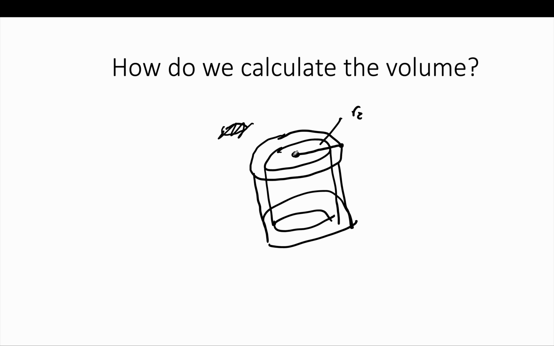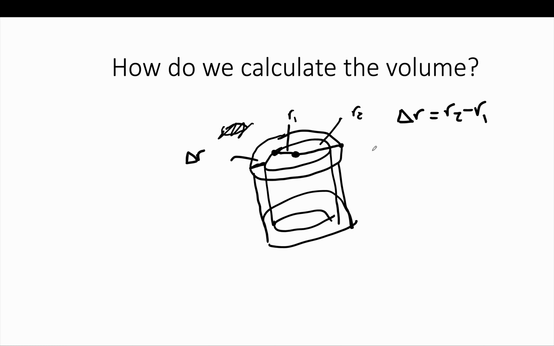We'll call the interior distance R1. And we're going to let delta R be R2 minus R1, which is just representative of this distance right here. So this distance here is delta R.